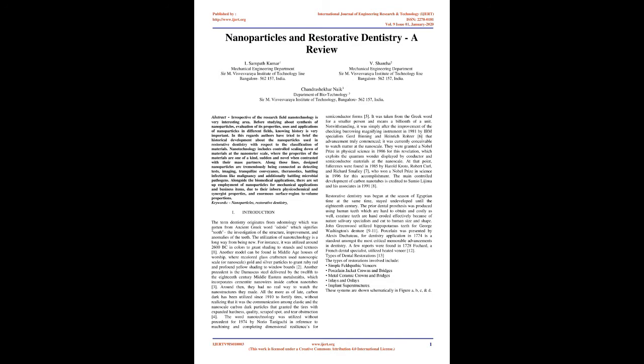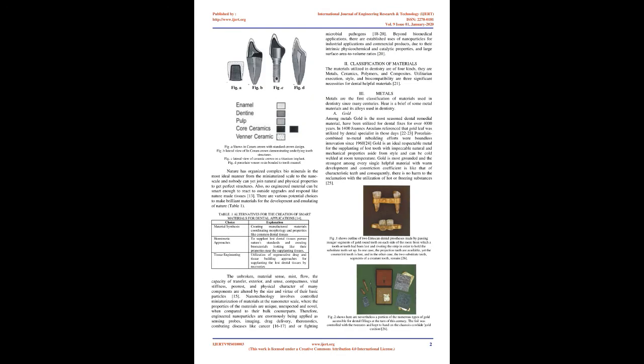John Greenwood used hippopotamus teeth for George Washington's denture. Porcelain was introduced by Alexis Duchateau for dentistry application in 1774, one of the most important historical advancements in dentistry. Some reports were found in 1728: Fouchard, a French dentist, used baked enamel.